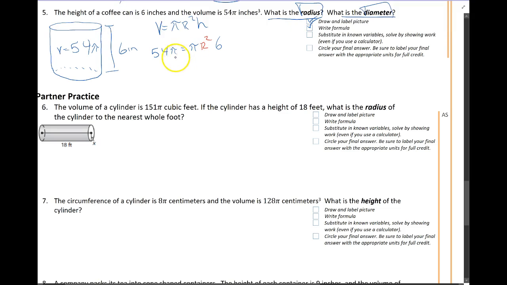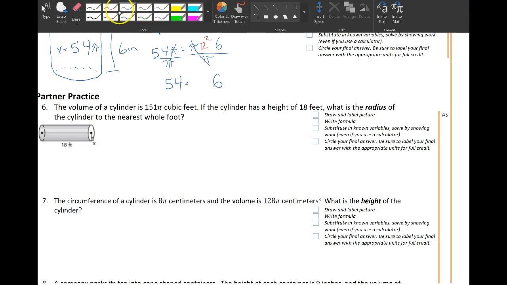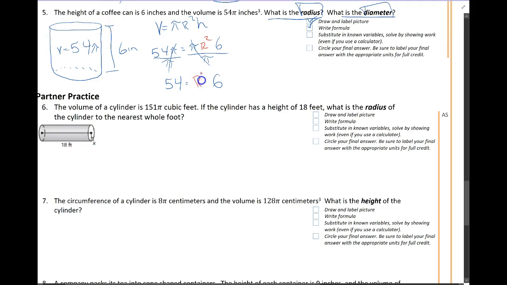So now I say, okay, let's start off with the same thing we do every time. Divide this by pi. And I get 54 is equal to 6 times the radius squared. Well, now hopefully you see I'm going to divide both sides by 6.